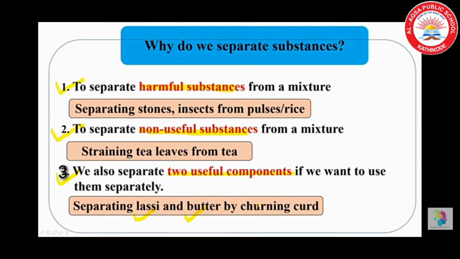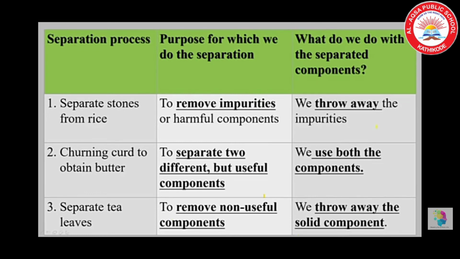In the textbook, page number 36, you can see one table, table 5.1. Why do we separate substances? There you can see the first one, separate stones from rice. Why are we separating stones from rice? In the second column you can see the purpose.